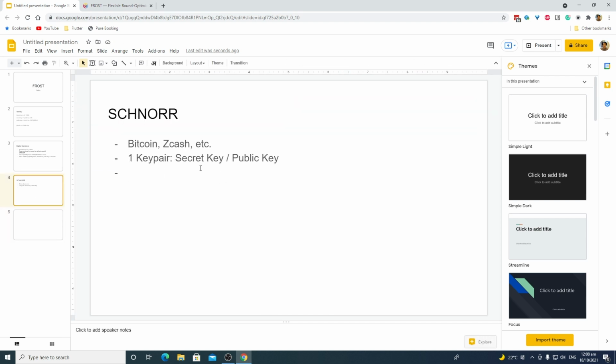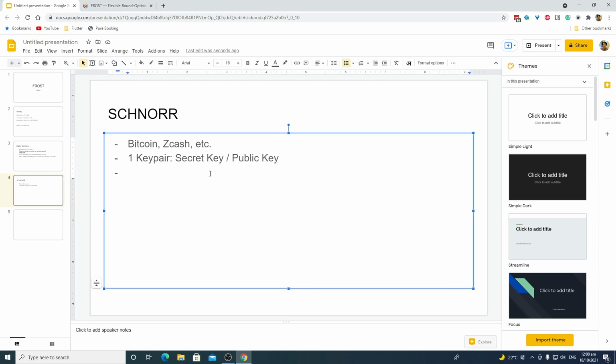Now, in some scenarios, you want to have more than one participant, more than one person. So with Schnorr, since you have one secret key and public key, one person knows the secret key, and therefore he will be able to create a signature. So one person can sign.